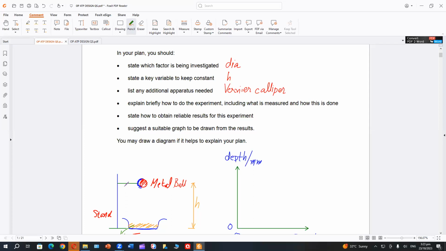But when you change the ball, then do not say repeat that. Repetition is for the same trial. Same trial is repeated. Different trials are not repeated. Different trials are actually numbered in a table.